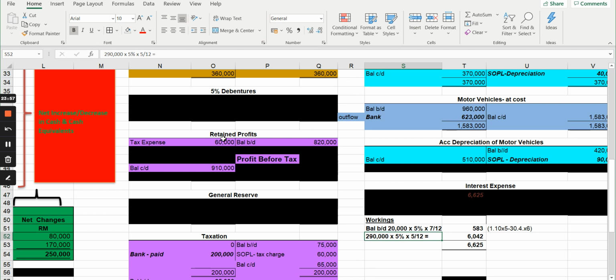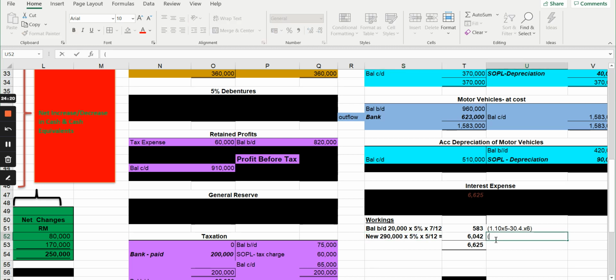And the second part is when you issue a new debenture. So when you issue new debenture, the newly issued debenture is 290,000. How do you get 290? You go and take the difference between 310, the closing balance, with the opening balance, so 290 times 5%, and that was starting from 1st of May X6 up till 30th of September X6, and that is 5 months.